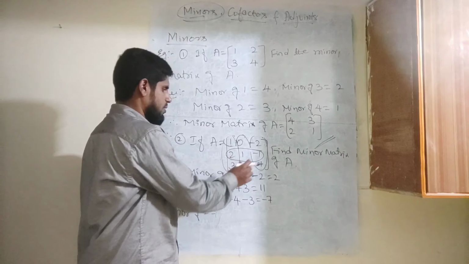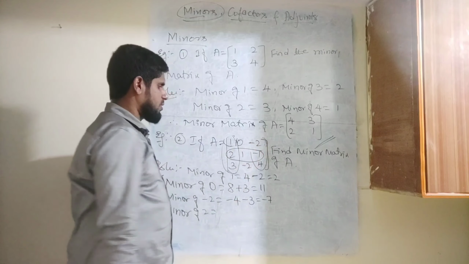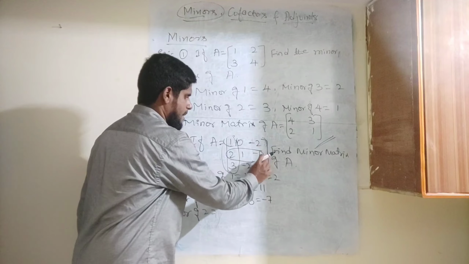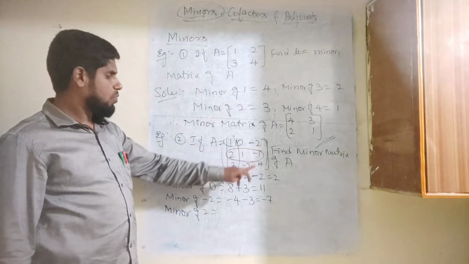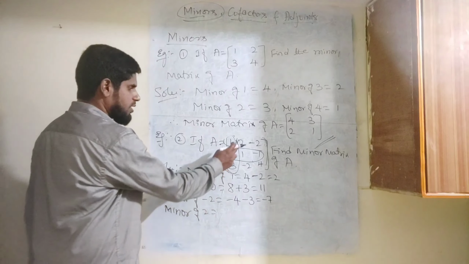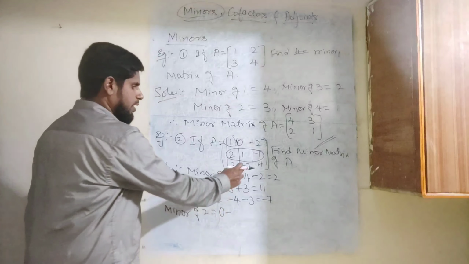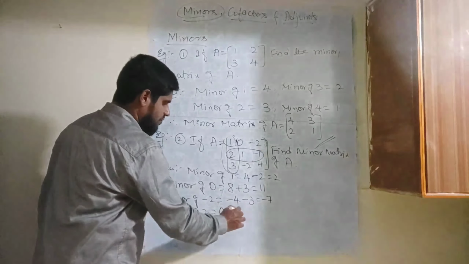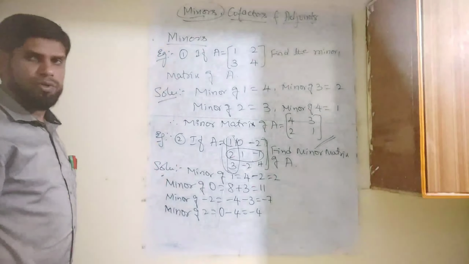Now the elements are 0, −2, −2, 4. 0 into 4 is 0, minus, −2 into −2 is plus 4, so 0 minus 4. So the answer is −4.